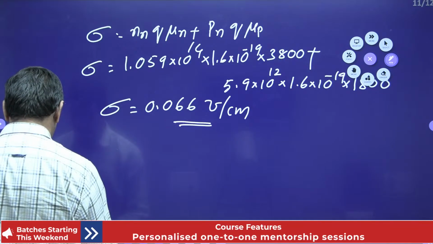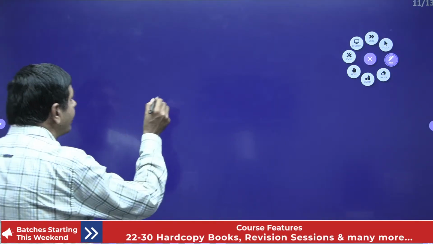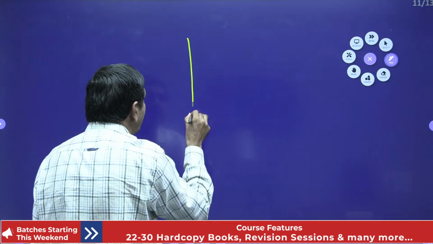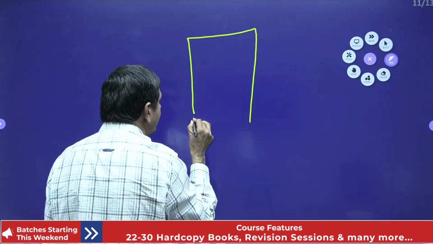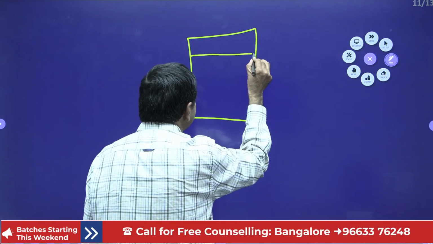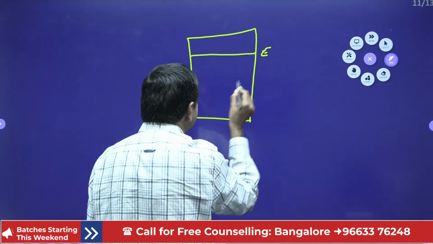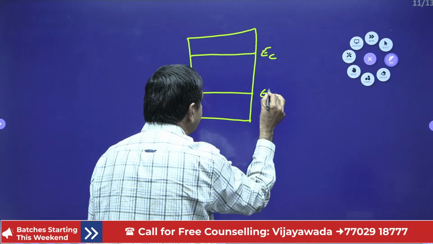How can we draw this? Please watch. I can draw the energy band diagram in this way. In the energy band diagram, you know very well, this energy is the conduction band energy, EC. This energy is the EV value.